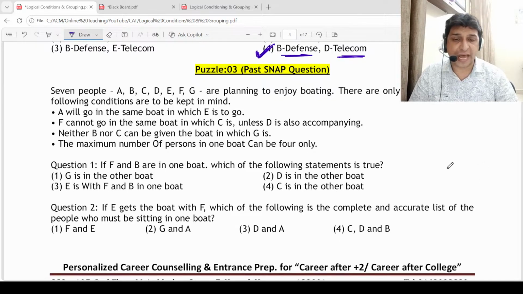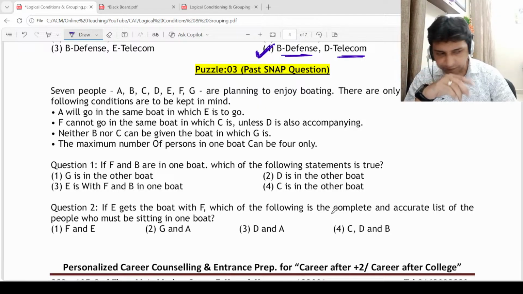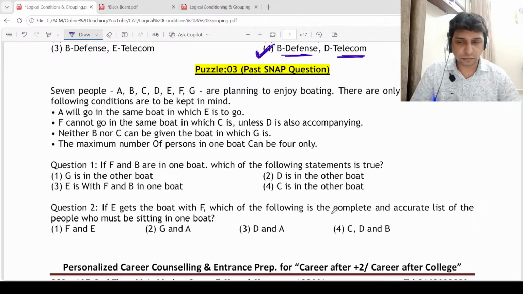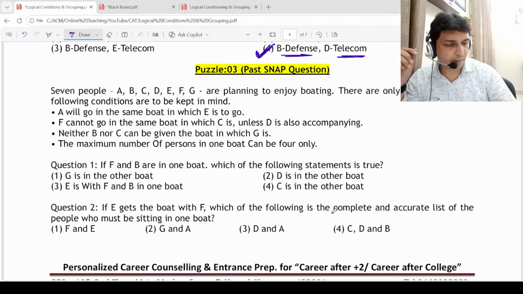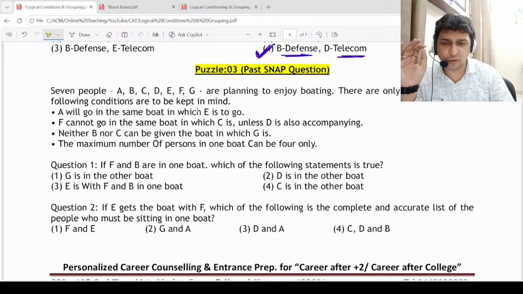The next question is from SNAP, Symbiosis. 7 people, A, B, C, D, E, F and G, are planning to enjoy boating. There are only two boats, and the following conditions are to be kept in mind.